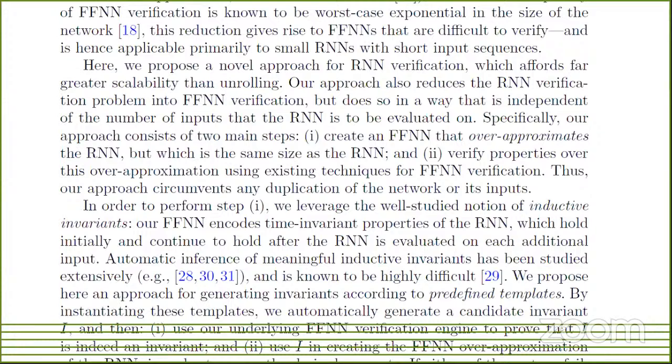So this is a problem, and that can be dealt with in some ways, but we will get to those ways later. The idea is to over approximate an RNN into an FFNN of the same size, and then to verify the feed forward network using existing techniques. By existing techniques, we actually mean reluplex and such things. Okay, so this is the idea.